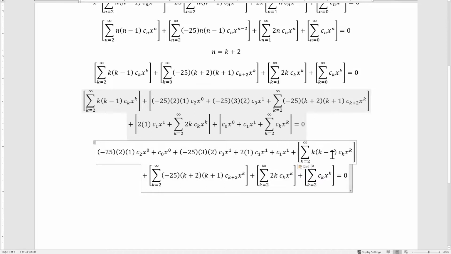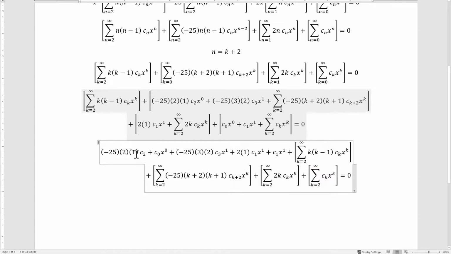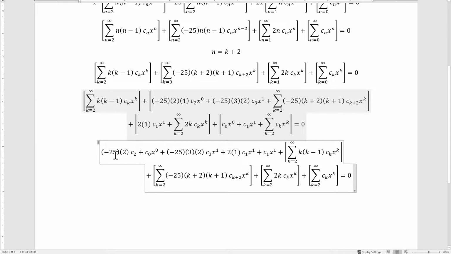Okay, so the rest that we have here are all series. Let's simplify this. We know that x to the 0 power is 1. We know that this is 1 whenever we have a 1. We can put negative 50 here, but let's keep it at this for now, just in case we might see a pattern. I don't know if we'll see a pattern.